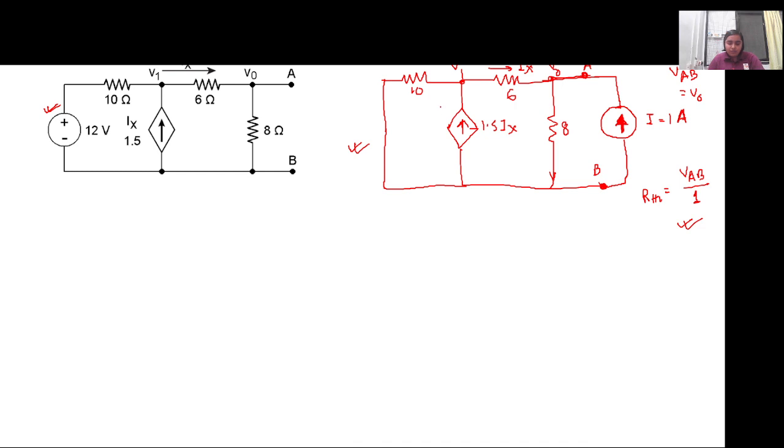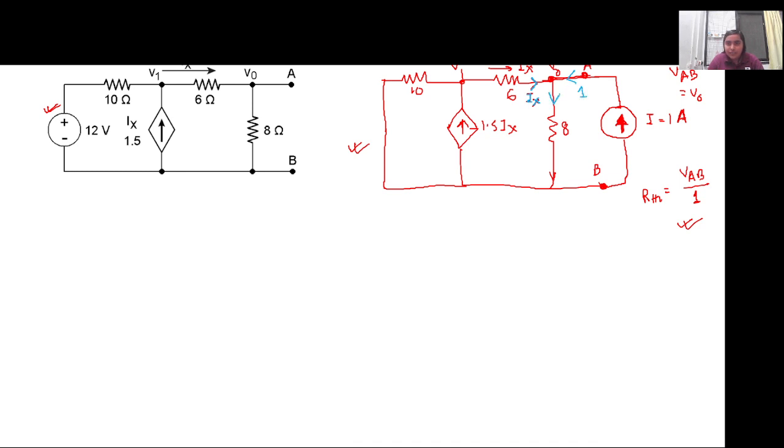So now our main aim right now is to calculate Ix, because in this branch Ix current is flowing in. This 1 ampere source that we have given, 1 ampere current is flowing in.